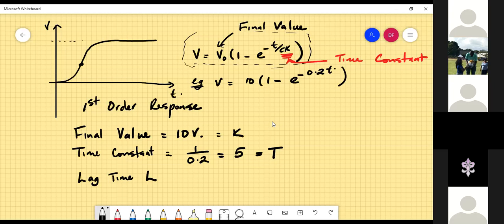Now remember, it is the time it takes for the line of greatest slope to cross the y axis.